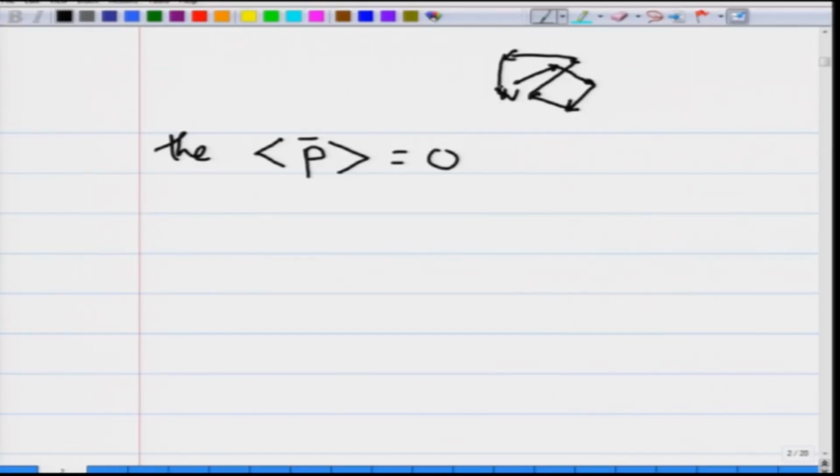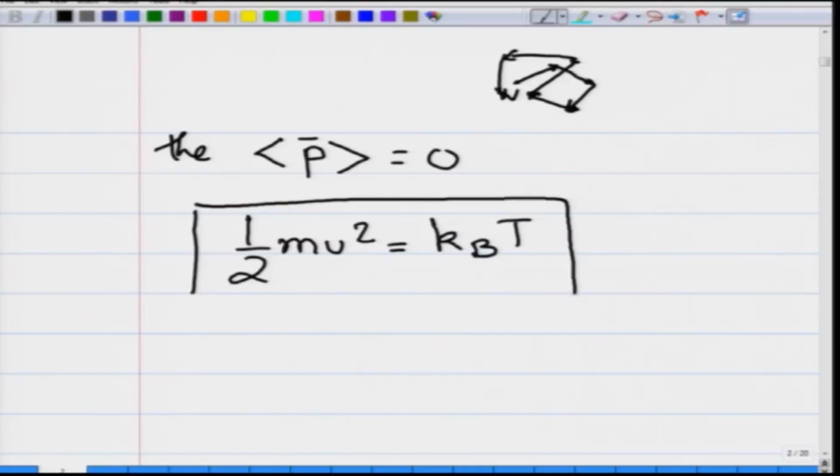So, if you find the average momentum of the particle, it will be 0 because it has randomly changed its orientation, and so the net total momentum of the particle is 0. But between two successive collisions of these particles, the average kinetic energy of the particle can be written as equal to k_B times T, where T is the temperature of the gas.